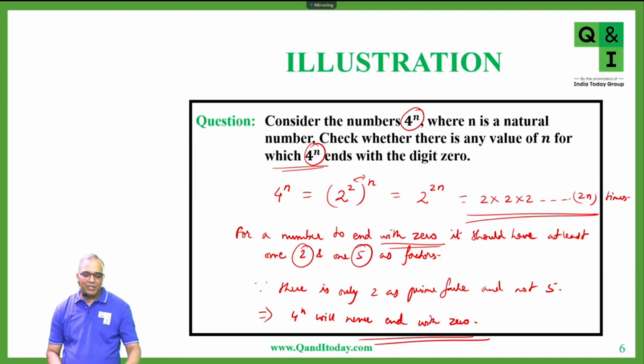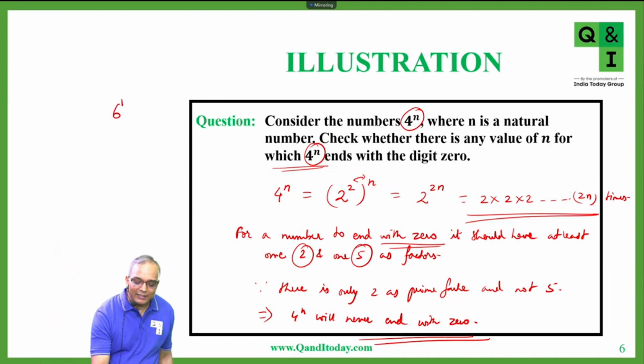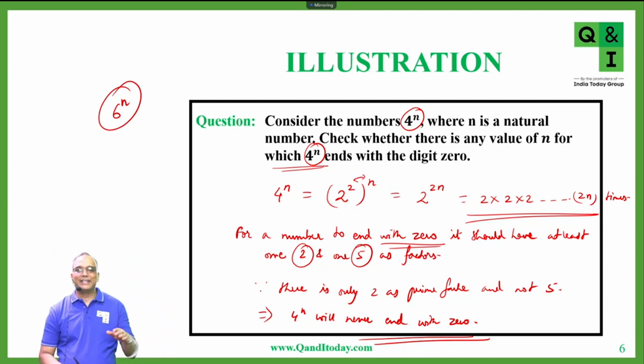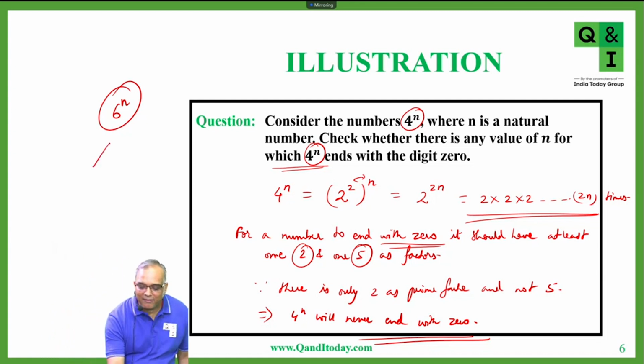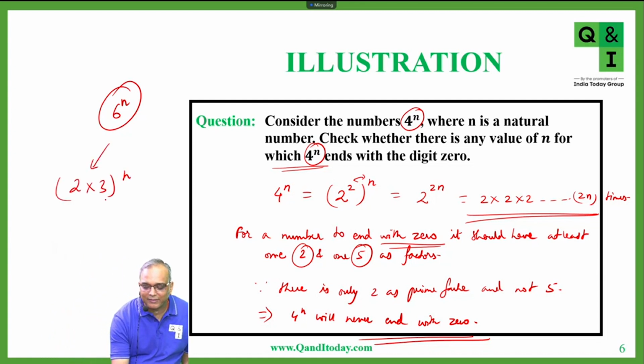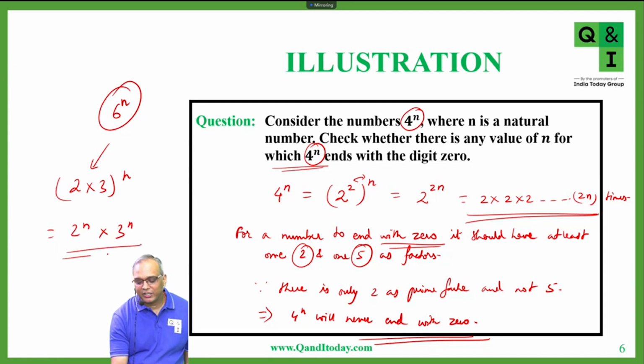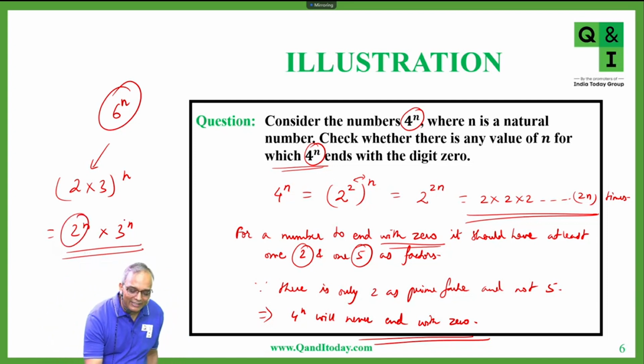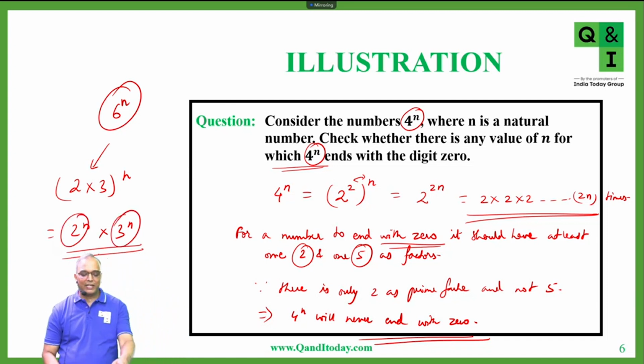So there is a similar question in the exercise where we have to prove whether 6 raised to the power n ends with 0 or not. So again, 6 to the power n can be written as 2 into 3 raised to the power n, which is equal to 2 raised to the power n into 3 raised to the power n. Now here you can see, there is no factor of 5 again, and that's why it will never end with 0.